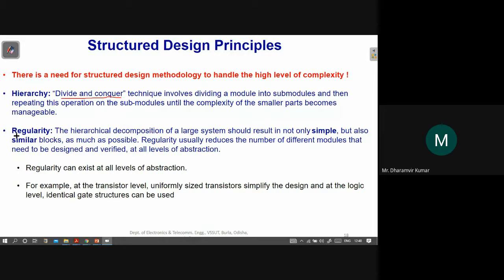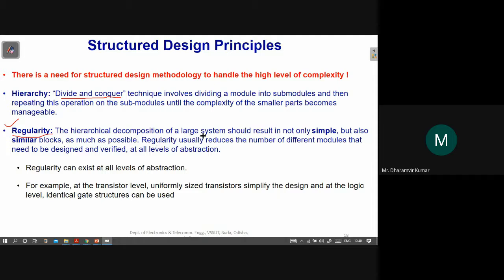The first one is about regularity. It's called the regularity principle in VLSI. It says that the hierarchical decomposition of a large system should result in not only simple but also similar blocks as much as possible.